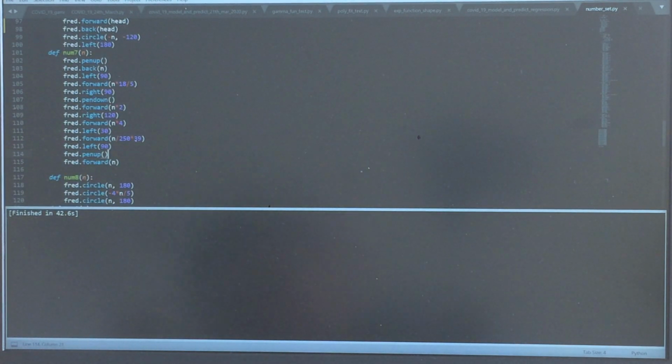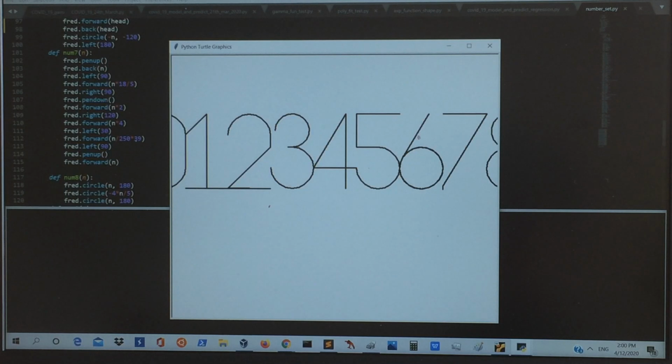Number 7. Thread.pen up, thread.back, thread.pen down. Number 7 is quite an easy number. But if you look closely at the number 7, it's got this little bit, which we could ignore.